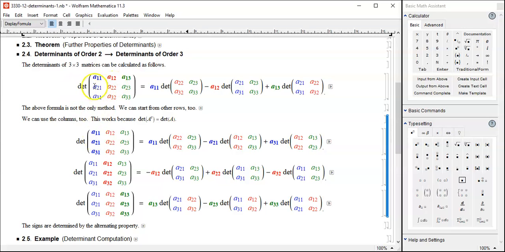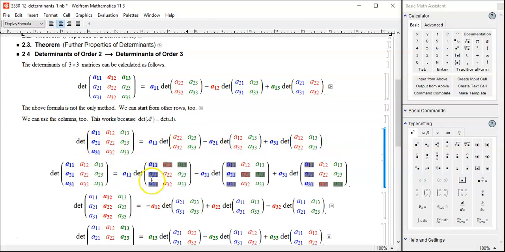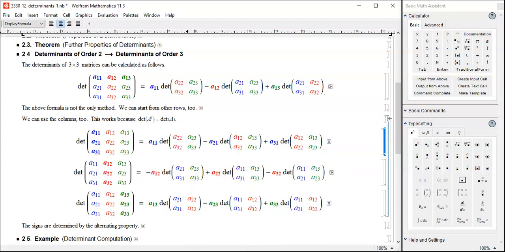Instead of the first row, I can use the first column, A11, A21, A31, plus, minus, plus, and then the usual deleted matrices. Remove first row and first column, and first column and second row, and so on and so forth. And for this one, plus, we have minus, plus, minus. So we have minus, plus, minus with all of those deleted matrices.